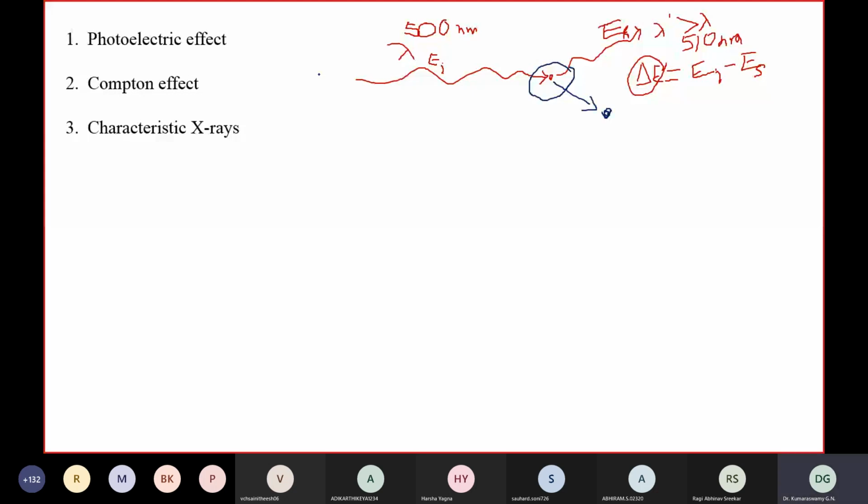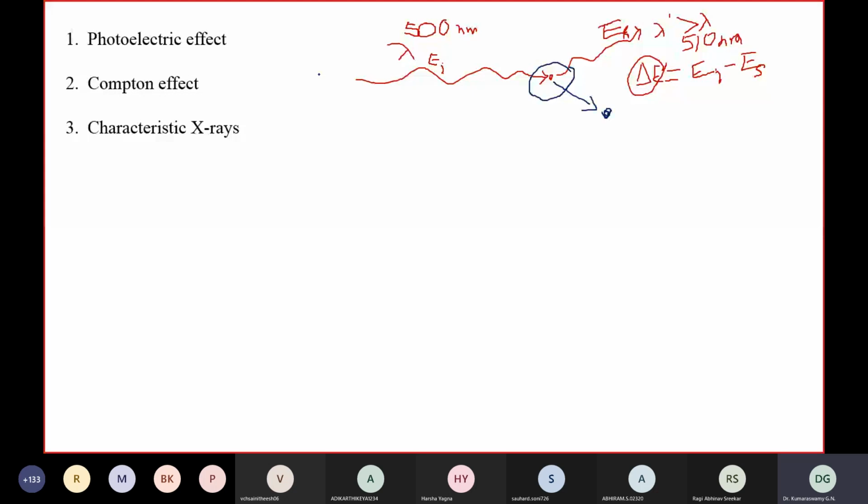Then what is the alternative explanation? Here also we have to consider the fact that light ray consists of photons, and the photon has the minimum energy of 5 electron volt, which corresponds to the energy for the electrons to come out.